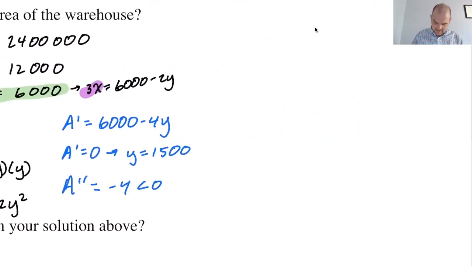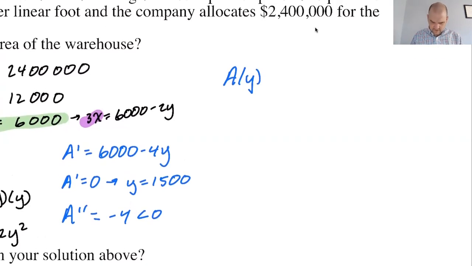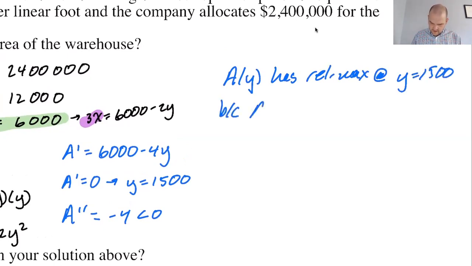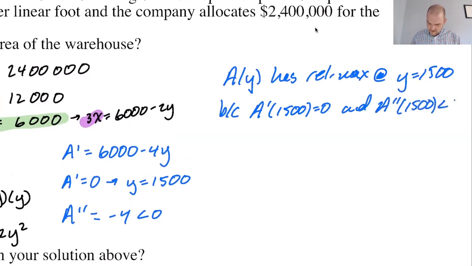So we can say that A of y has a relative maximum at y equals 1,500, because A prime of 1,500 equals 0 and A double prime of 1,500 is less than 0. Okay, so that's a relative maximum.